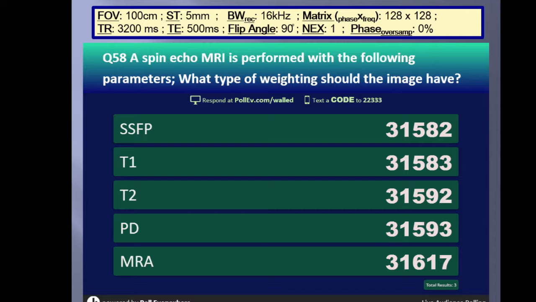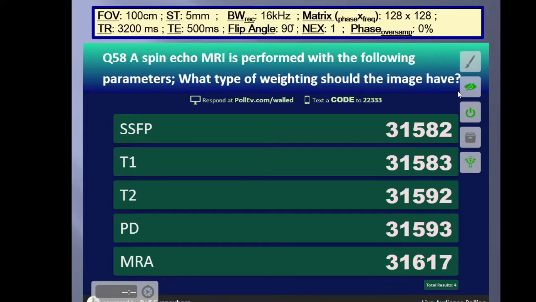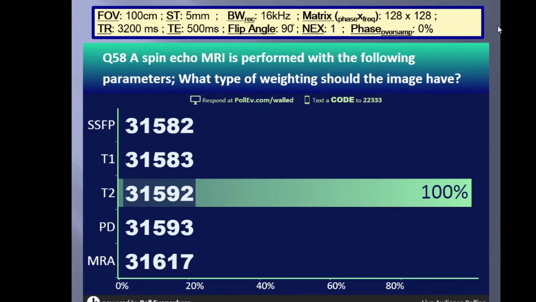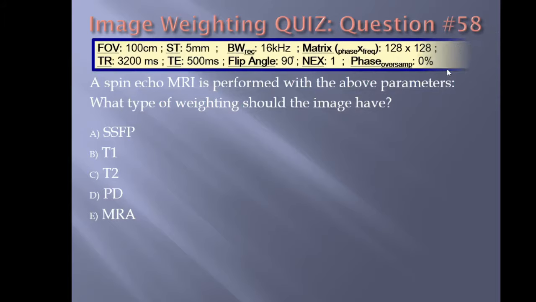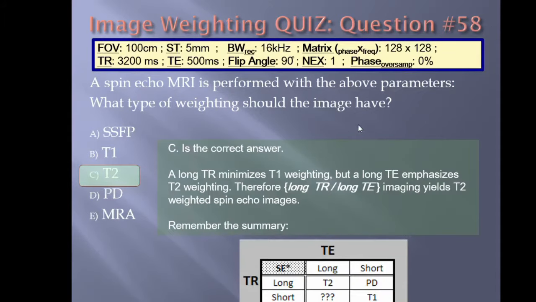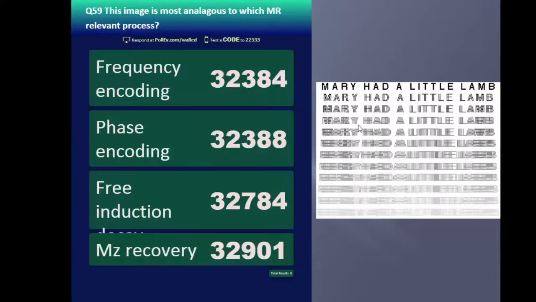That's actually pretty long, right? Because the TE is supposed to be a short time. So you have a long TR and a long TE. And that should give you, again, I'm figuring that out loud because this stuff's not easy. T2, 100% got it right. Very good. I'm very proud of you guys. Yeah, so it's T2. It's a long TR and a long TE. Refer to our 2x2 table there.